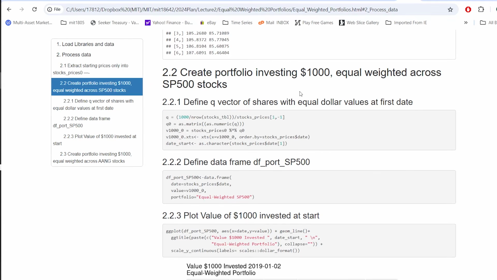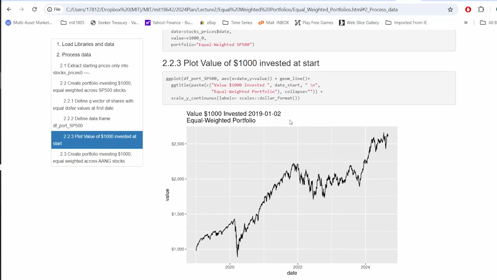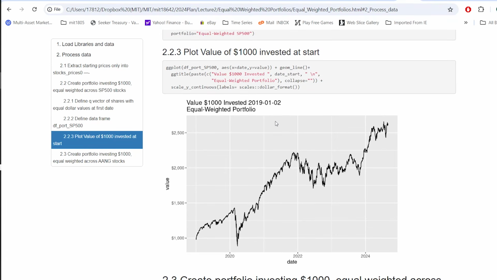Then, in processing the data, consider investing in a portfolio by equally weighting allocations to different stocks in the S&P 500 index. If one does this, these simple R commands create the value of such a portfolio, where, as indicated here, it's investing $1,000 at the beginning of 2019.